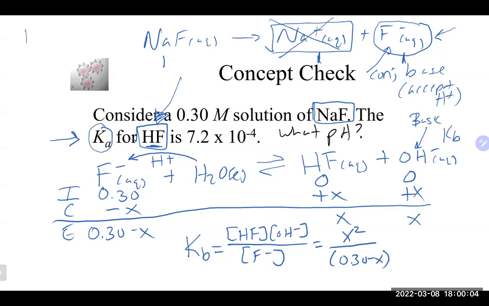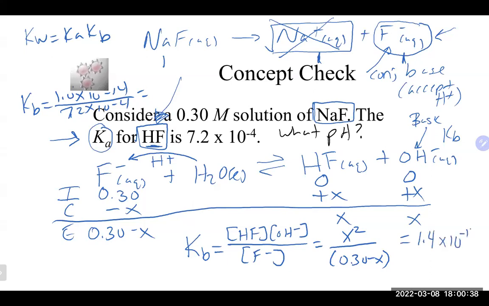So remember that Kw equals Ka times Kb, which means that the Kb in this case would be 1 times 10 to the minus 14 divided by our Ka value, 7.2 times 10 to the minus 4. And that is going to give us, looks like we'll call it a 1.4 times 10 to the minus 11.